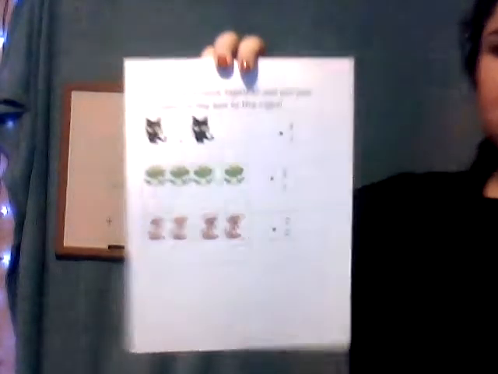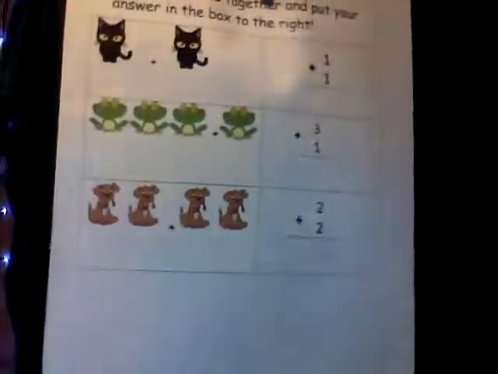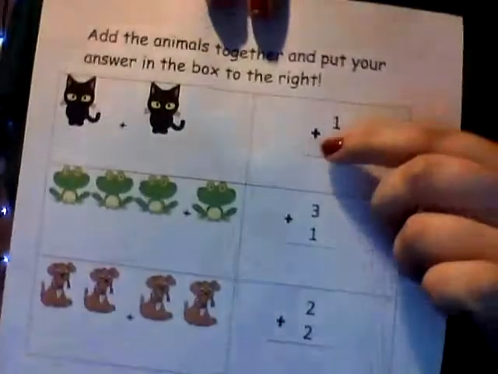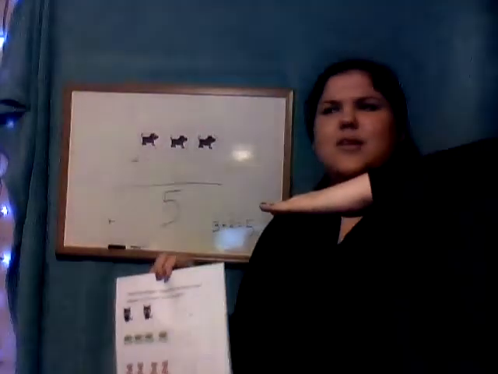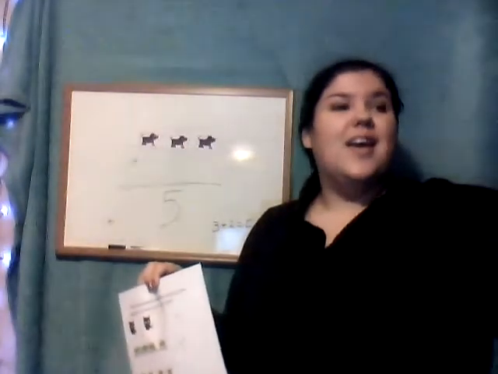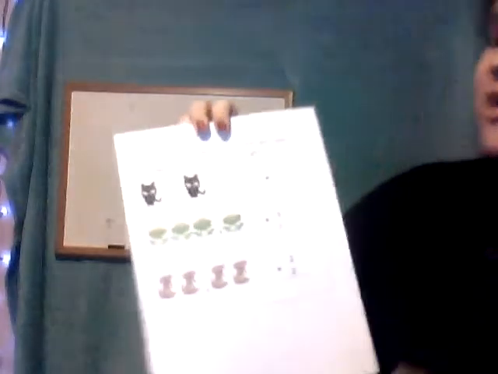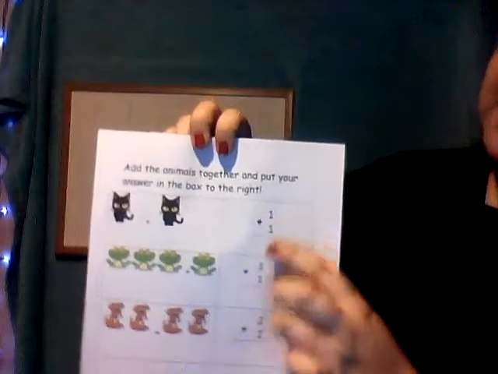So you're going to add all these together, and you're going to put the number below this line, which is also what? It's a line straight across, so what is it called? Horizontally. So you're going to write the sum of these numbers below this line, okay?